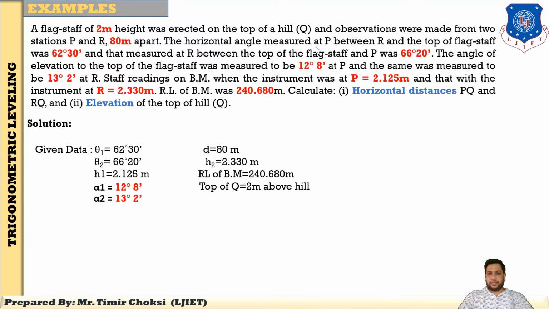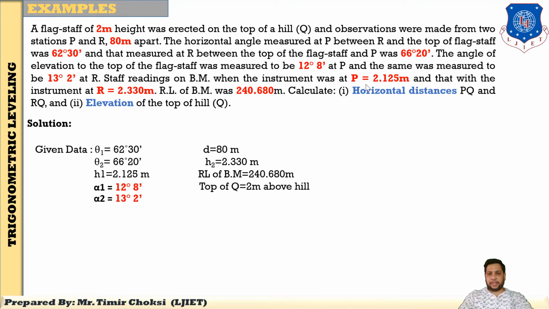The horizontal angle measured at P between R and the top of the flagstaff was 62 degree 30 minutes. Similarly, the angle at R between P and the top of the flagstaff was 66 degree 20 minutes. The angle of elevation to the top of the flagstaff was measured to be 12 degree 8 minutes from P, and from station R, 13 degree 2 minutes.